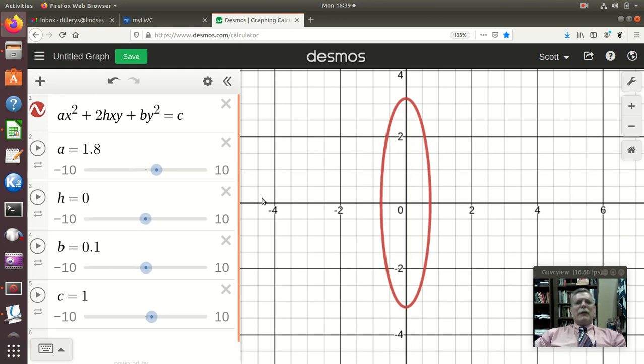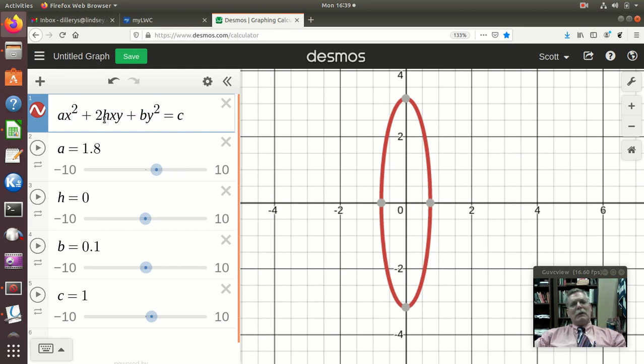Okay, so I just wanted to do a short video to talk about what they mean by that rotation. So we're looking at these various possible conic sections when we look at something like this quadratic form.